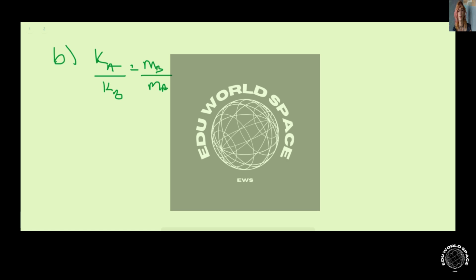So when they split, we get the kinetic energy of A is 1/2 MA VA final squared over 1/2 MB VB final squared. These 1/2s will cancel out, and so we have MA VA final squared over MB VB final squared.